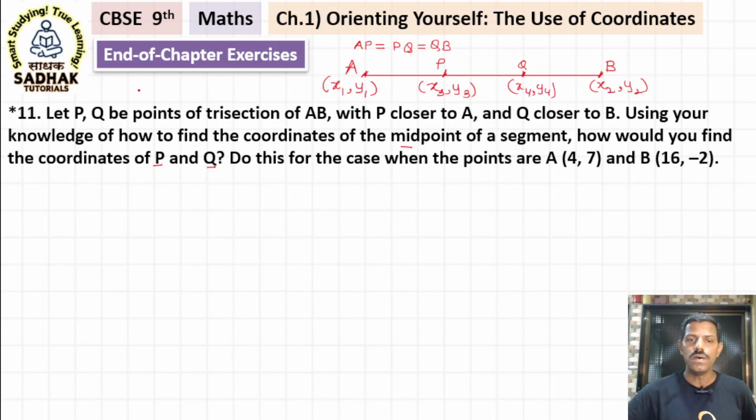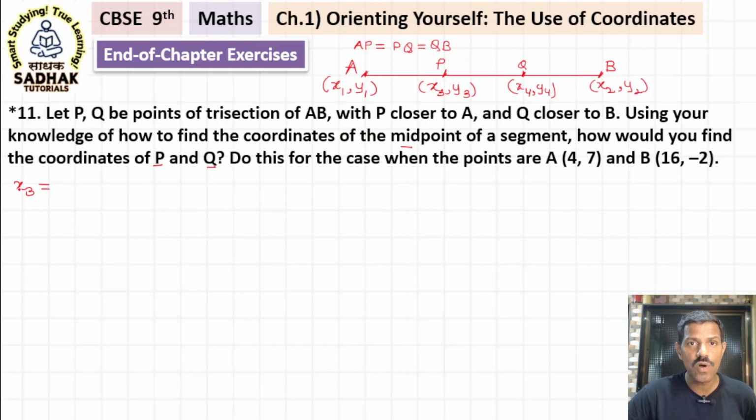So let us first find out the x coordinate of P. Now the x coordinate of P is x3, right? And we know that P is the midpoint of AQ. So we can use the midpoint formula, the formula that we use for finding out the coordinates of midpoints.